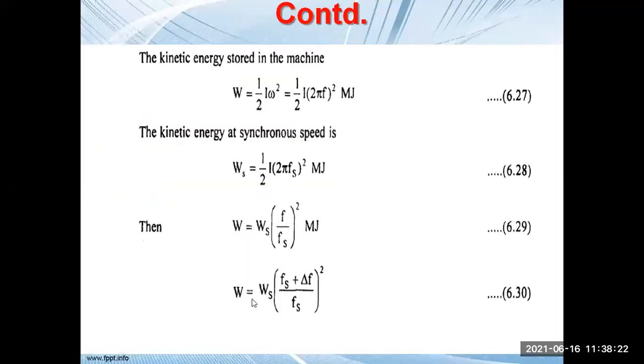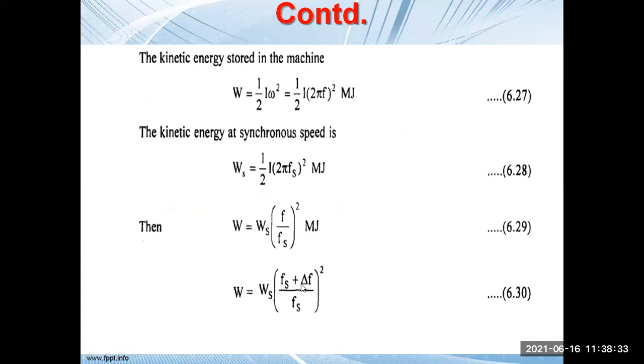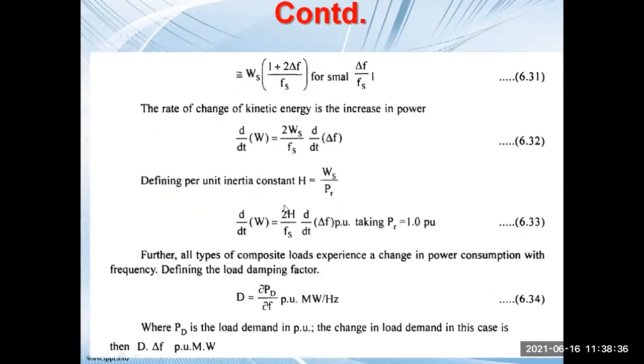So now you see f equal to your fs plus delta f. Fs plus delta f we are substituting because f equal to fs plus delta f. This is the change in the frequency. So now we'll take the approximation. I will derive it so that it will be clear.